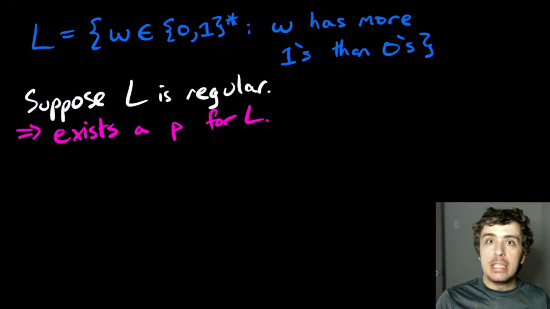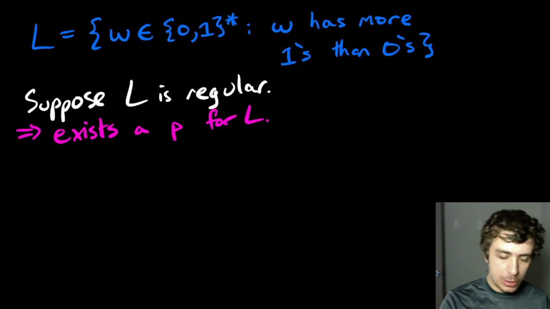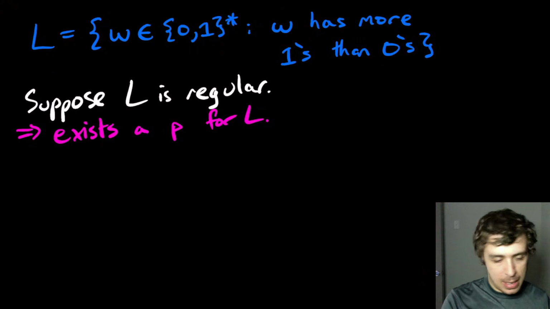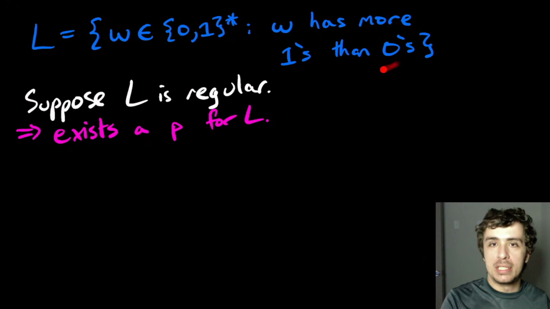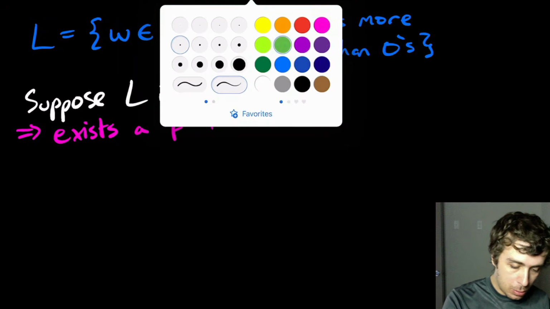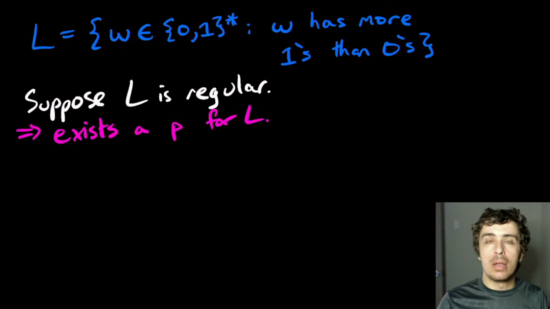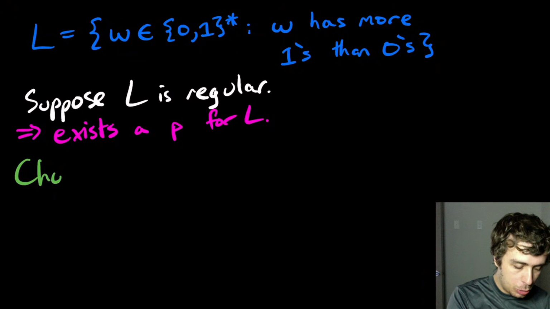So now what we need to do is pick a string that's in the language and at least P characters long. There are many that I could pick, where W has more ones than zeros and has P characters in it. So we could just try to model a proof like 0 to the n, 1 to the n, and choose the following string.